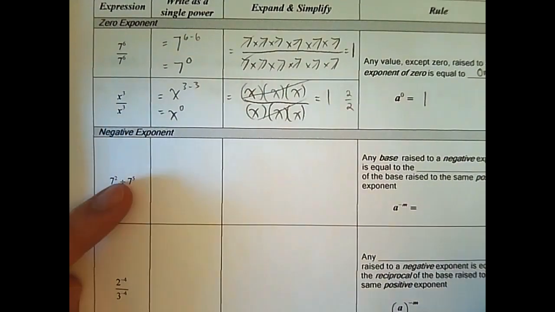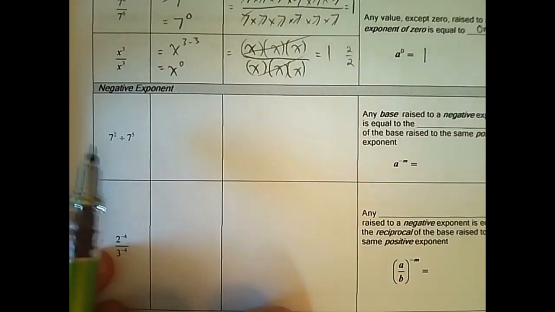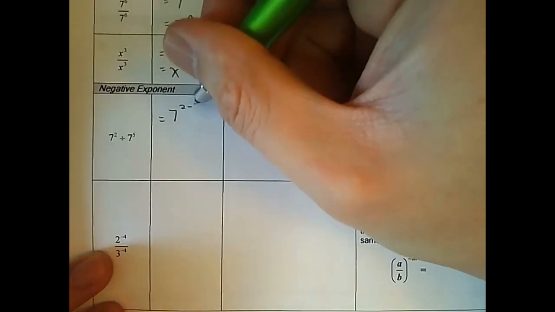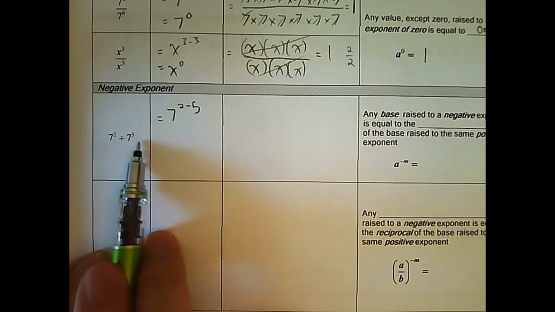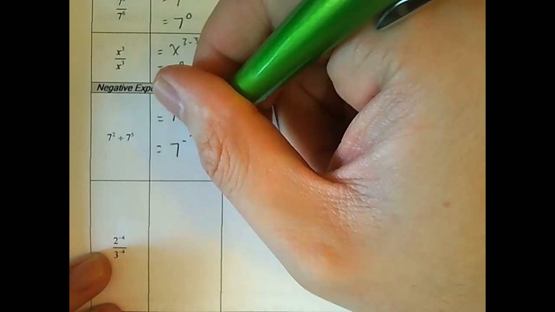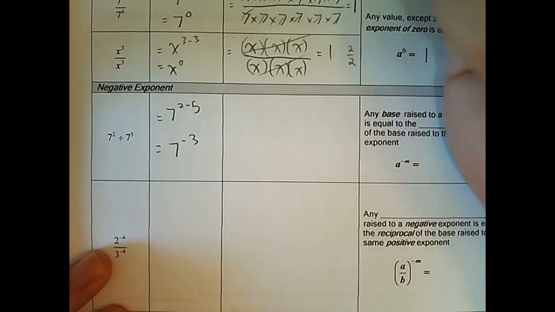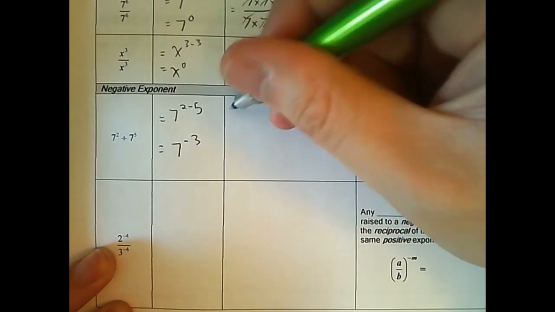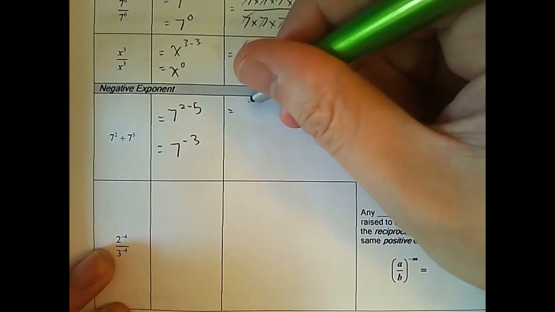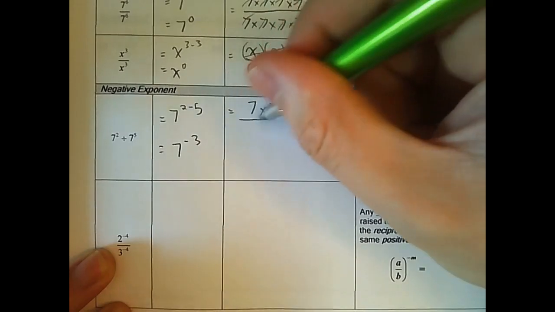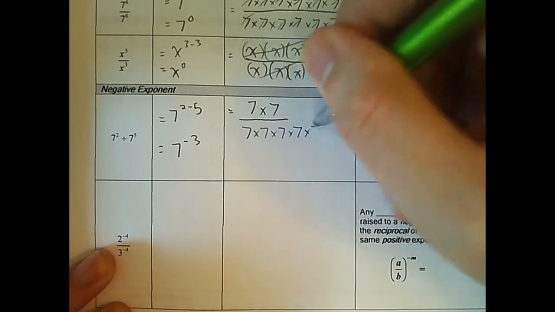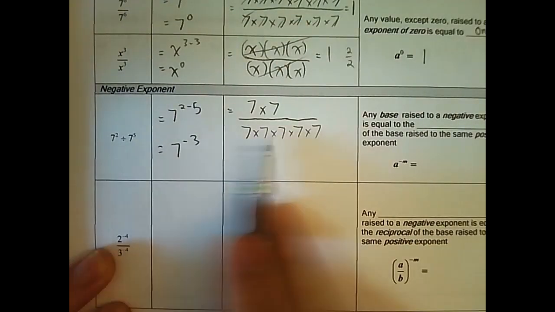For a negative exponent, well, we'll see in this example, if I follow my exponent laws and I have 7 to the power of 2, and I'm subtracting 5 here, because they're division, I'm going to subtract these, I'm going to get 7 to the power of negative 3. So how could I show that, though? Well, if I wanted to show this actual 7 to the power of 2 divided by 7 to the power of 5, I would get 7 times 7 over 7 times 7 times 7 times 7 times 7, because it's to the power of 5, so I'll do it 5 times.